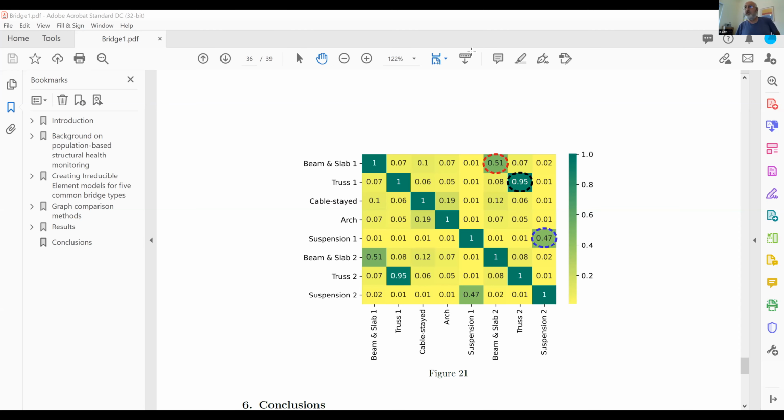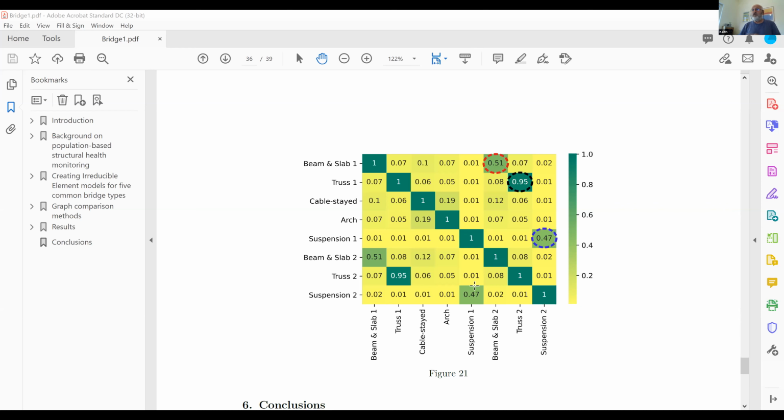So I just want to show these results. Can people see this confusion matrix? Yes, yes. Okay, these are 8 real bridges. Essentially we've got a metric correspondence between these bridges.